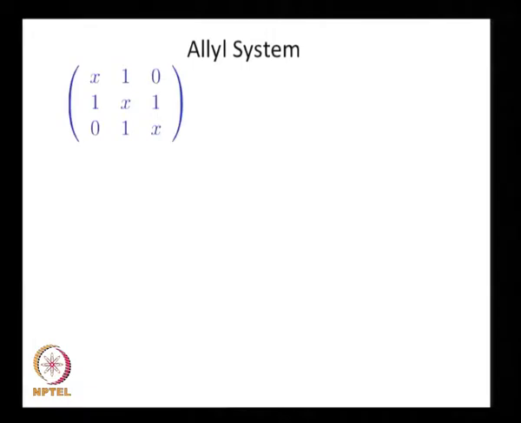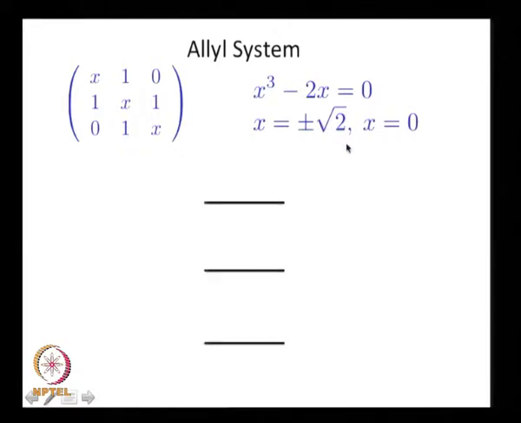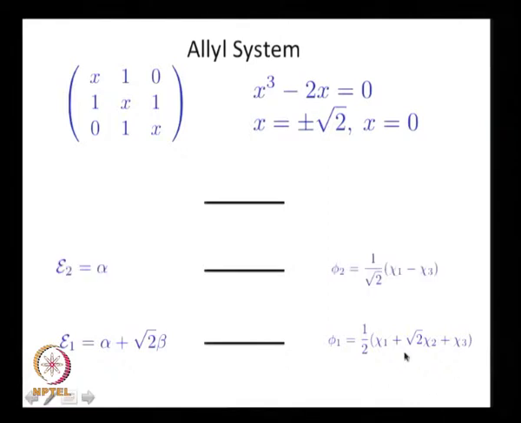Then allyl system again, that is the Huckel matrix. If you put the determinant equal to 0, you will get the solutions which are shown here. You have 3 solutions, and corresponding to that you have 3 energy levels. First energy level and the corresponding molecular orbital are shown here, second energy level and the corresponding molecular orbital, third energy level and the corresponding molecular orbital.